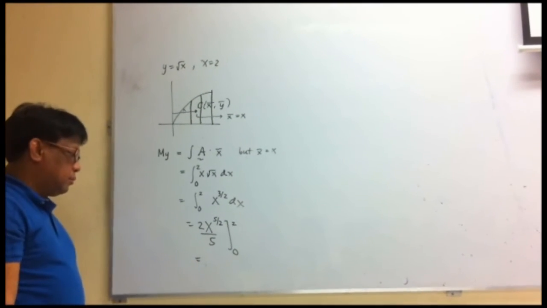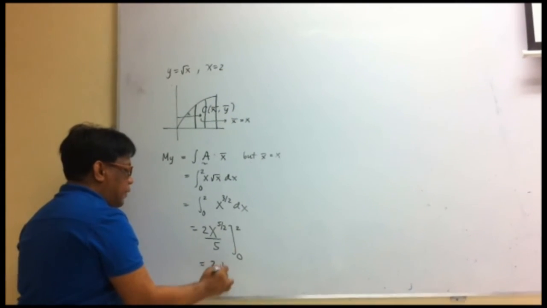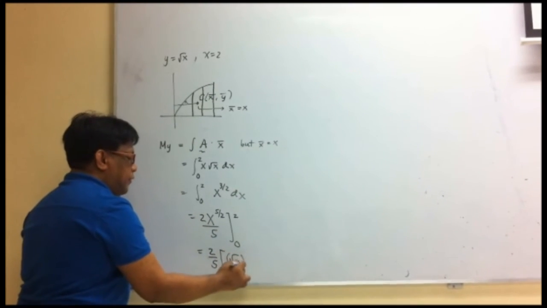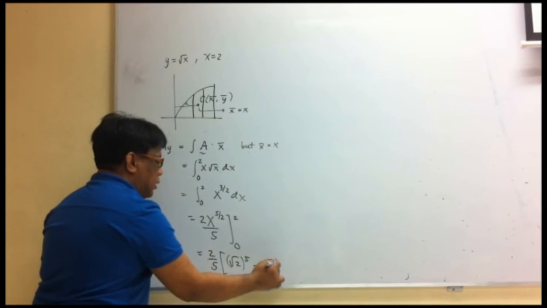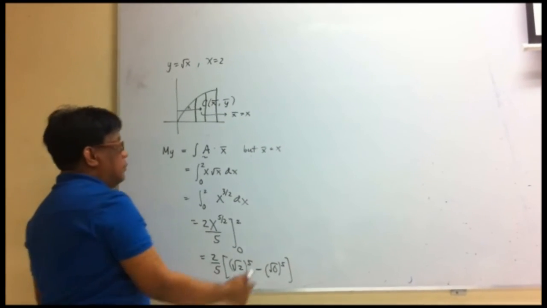Applying the limits, we have 2 over 5 times square root of 2 raised to the 5th power minus square root of 0 raised to the 5th power.